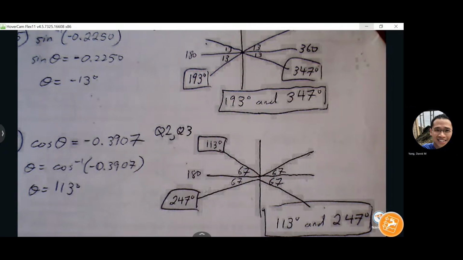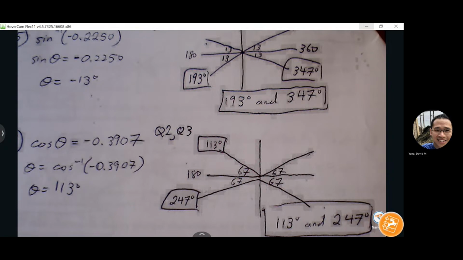Why would it be 67? Why would we want 130 instead of 67? Because we want where cosine is negative. So it's gotta be in the second and third quadrant. Remember, reference angle is always an angle measure that's between 0 and 90.